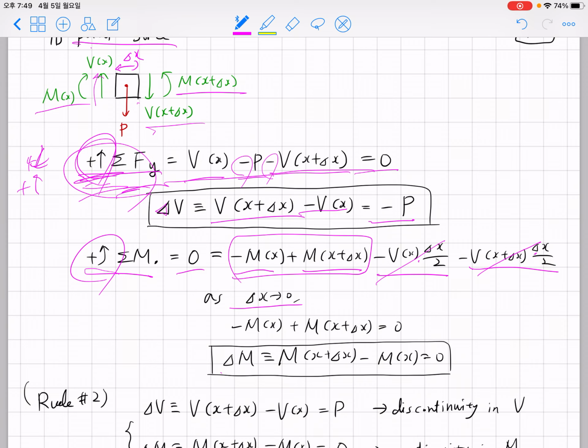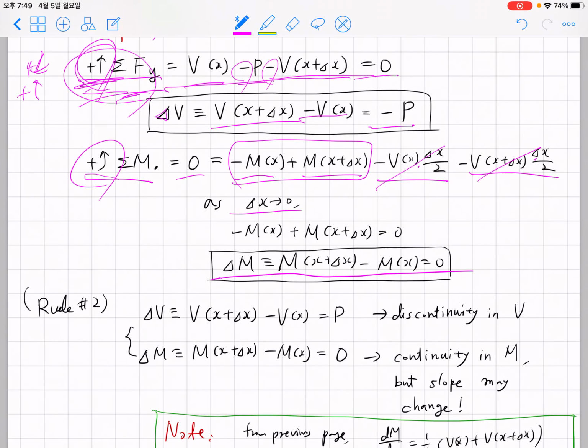So we realize that the jump between mx plus delta x and mx must be 0. Okay, so regarding the point force, the relation we can obtain is that the jump in shear force v is the same as p, and I think it must be a mistake, it must be minus p here.